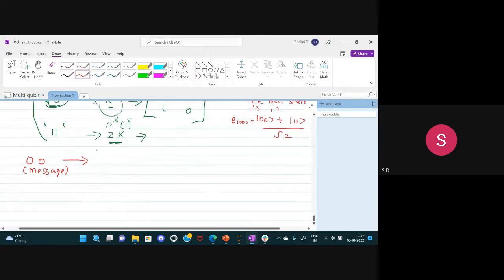I don't want to write divided by root 2, but I'm just writing it so that we don't get confused. So if you want to send the 00 message, you will get the same answer, because we are using the identity matrix. That is the reason. So we will get the same Bell state that we gave as input.